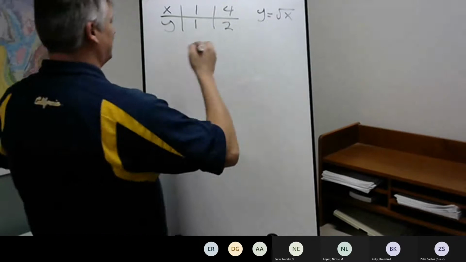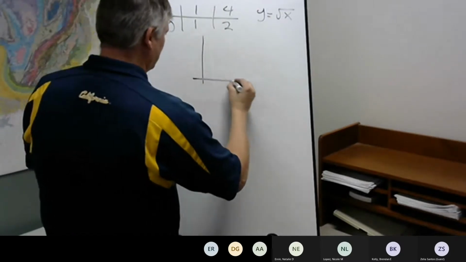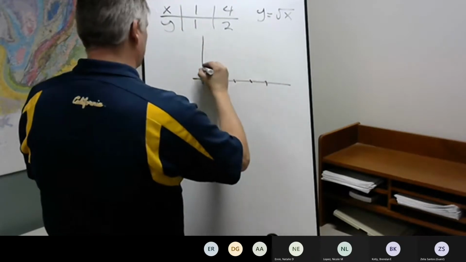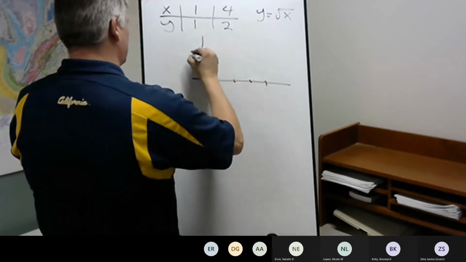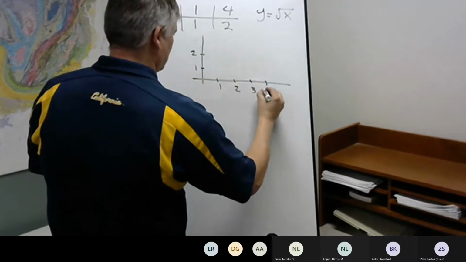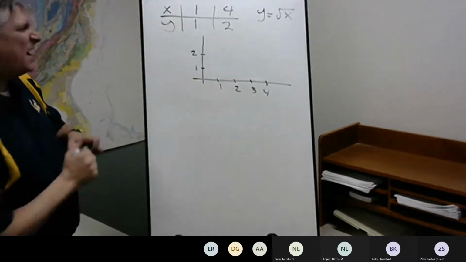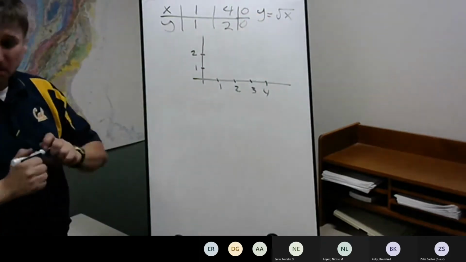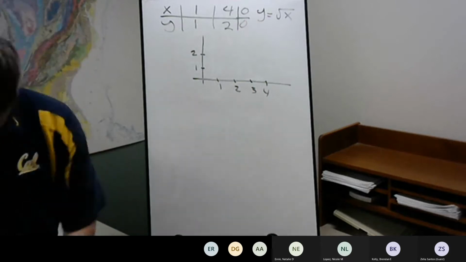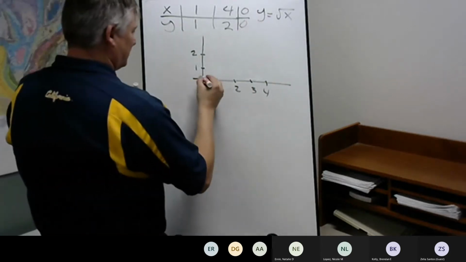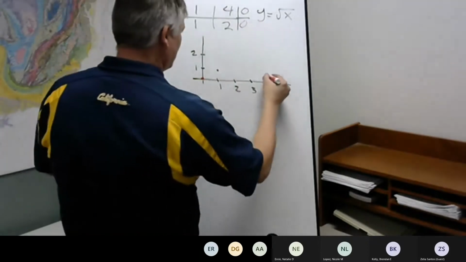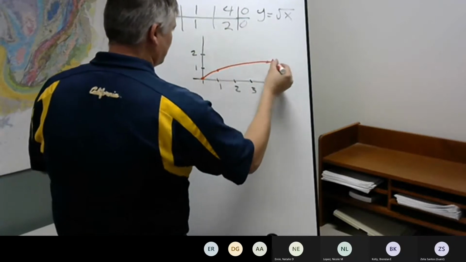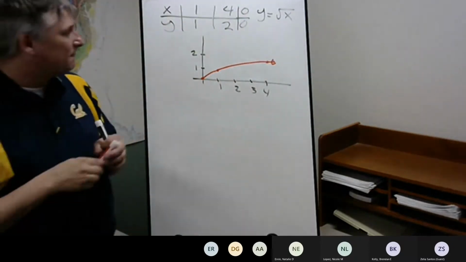So our graph, and we can throw 0 in there too. Square root of 0 is 0. We have this, this, and that. So this is our graph.